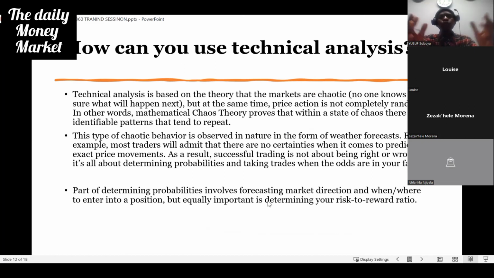All right. How can you use technical analysis in a market? Technical analysis is based on the theory that the markets are chaotic. No one knows for sure what will happen next. But at the same time, the price action is not completely random. In other words, a mathematical chaos theory proves that within a state of chaos, there are identifiable patterns that tend to repeat themselves.